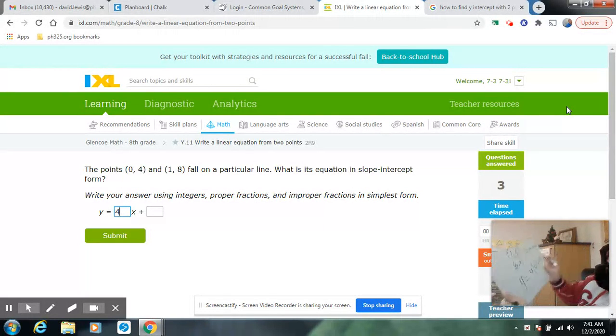Well, 4 times 0 is 0. So 4 equals 0 plus b. So 4 would equal b, or b would equal 4.